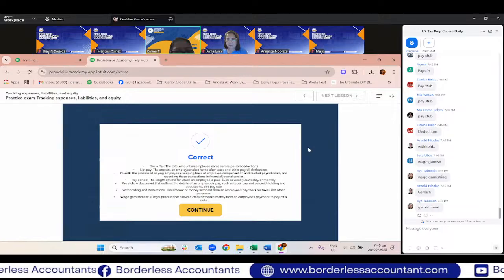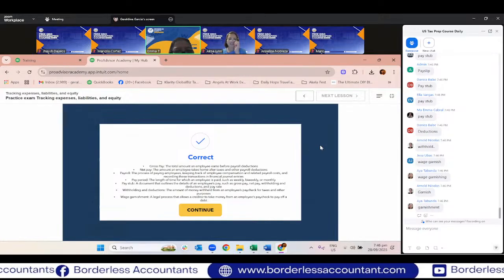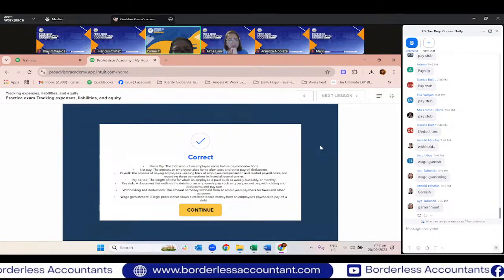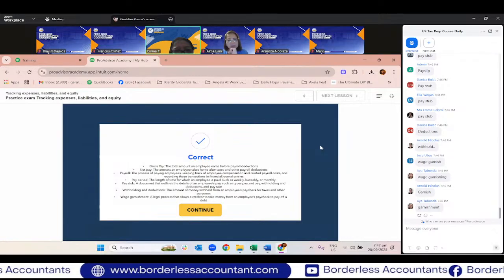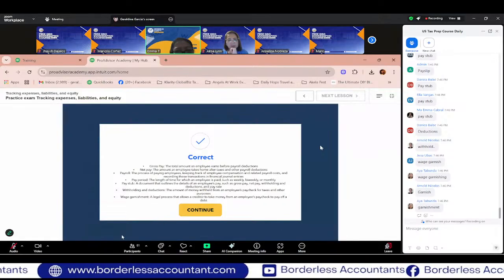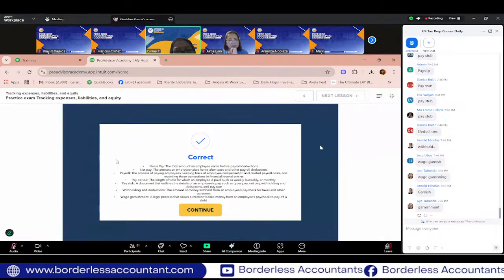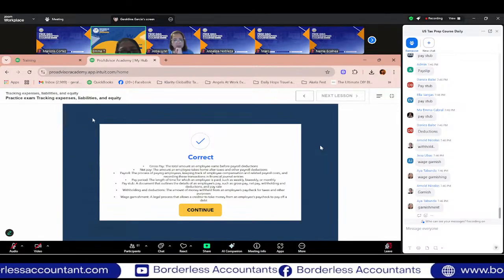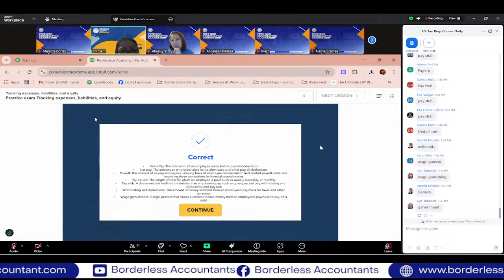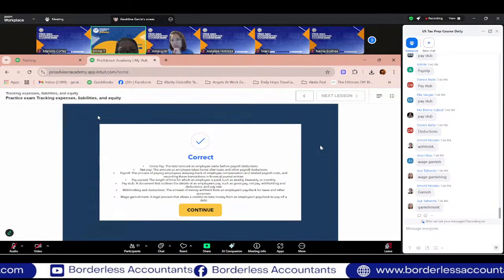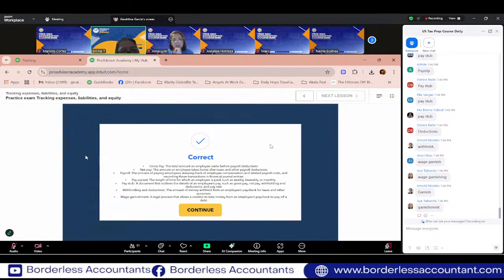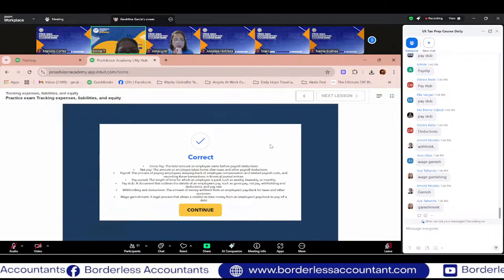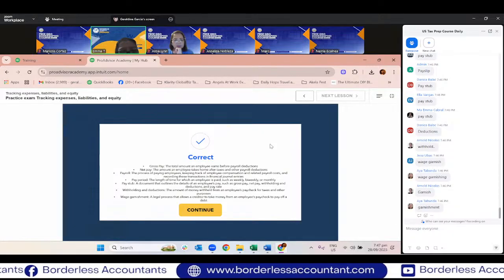Correct. Gross pay, the total amount an employee earns before payroll deductions. Net pay, the amount an employee takes home after taxes and other payroll deductions. Payroll, the process of paying employees, keeping track of employees' compensation and related payroll costs, and recording these transactions into financial journal entries. Pay period, the length of time for which an employee is paid, such as weekly, bi-weekly, or monthly.